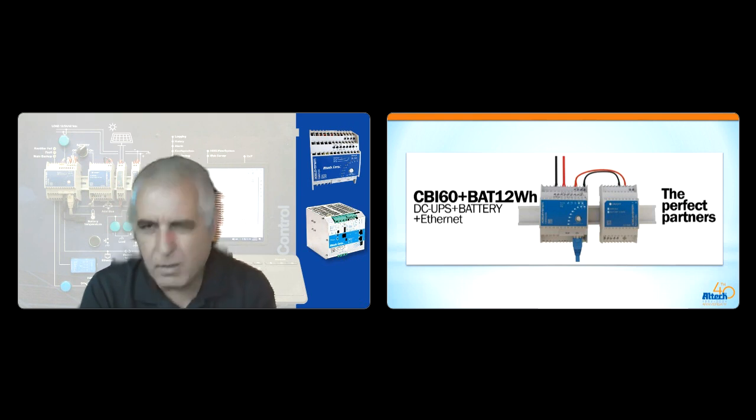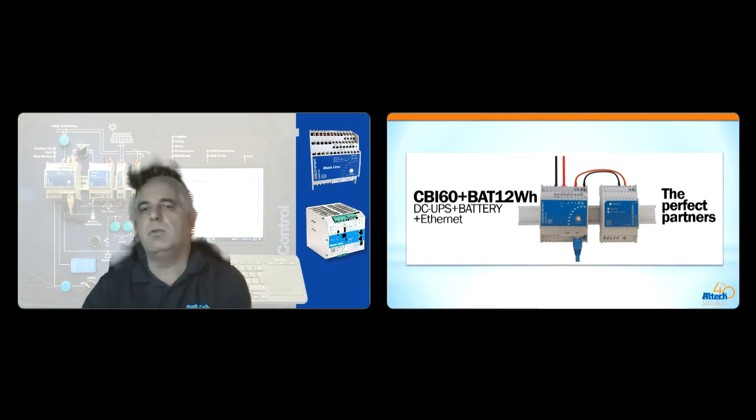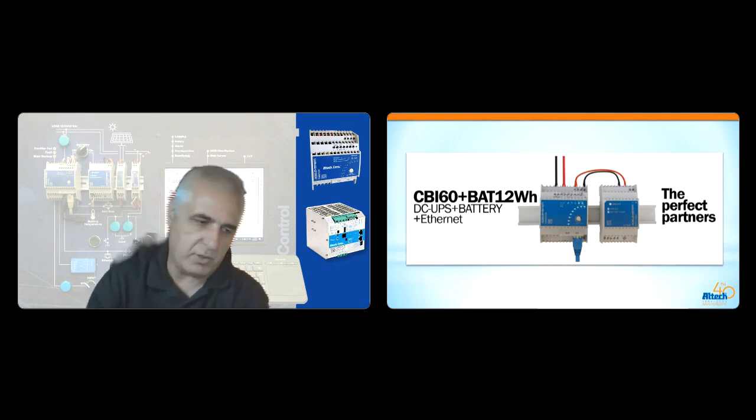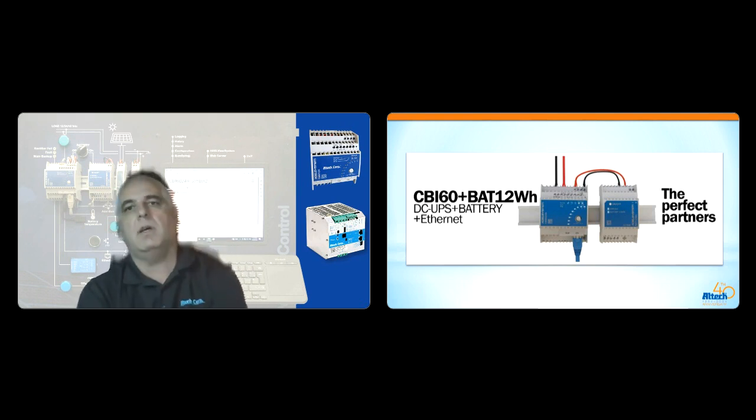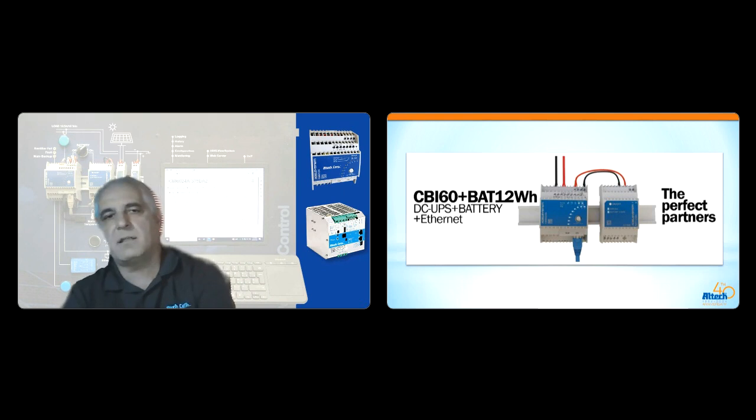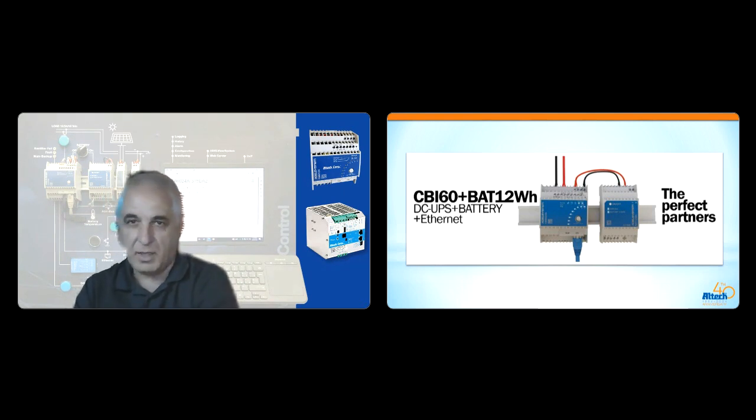Thanks, Dave. So basically, our products are used for many industrial applications all over the world. There are countless instances and successful installations, and they are also used in many critical operations.